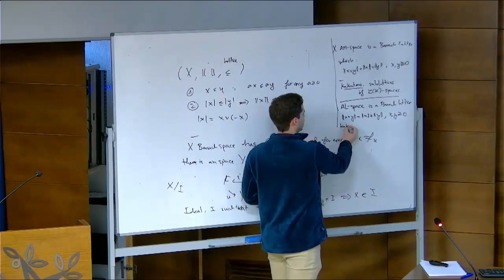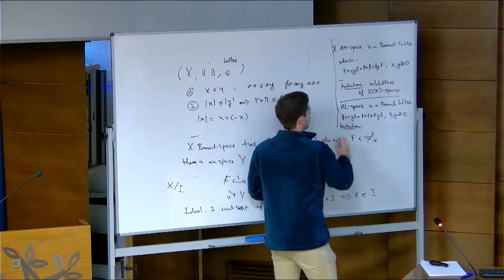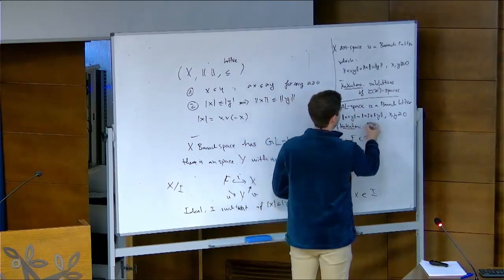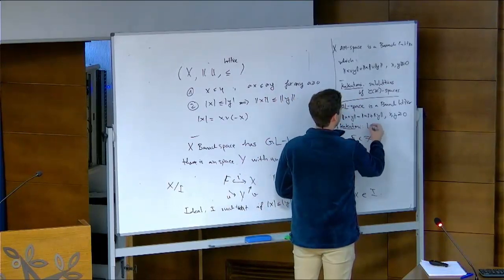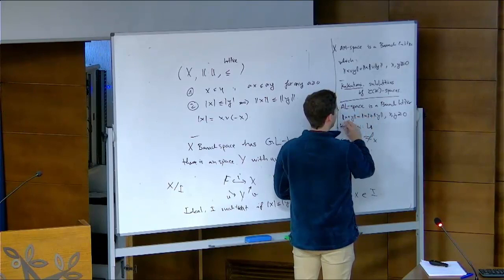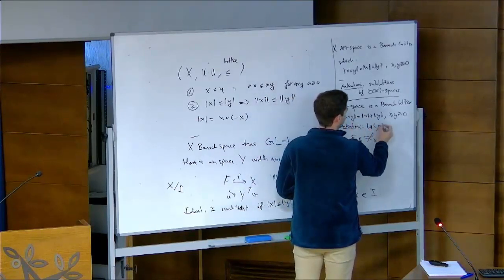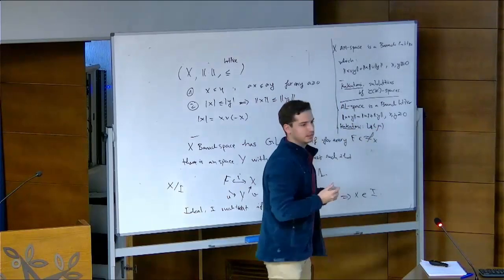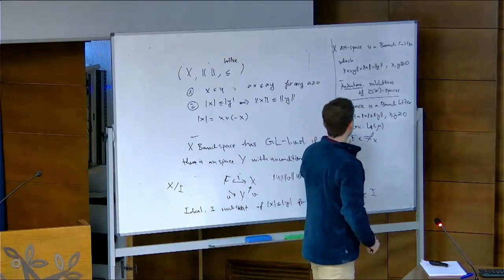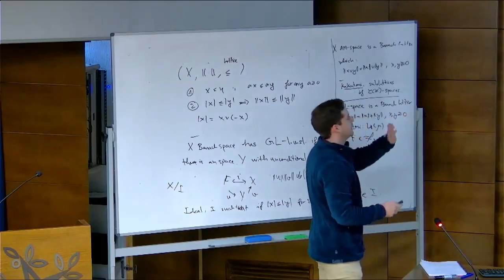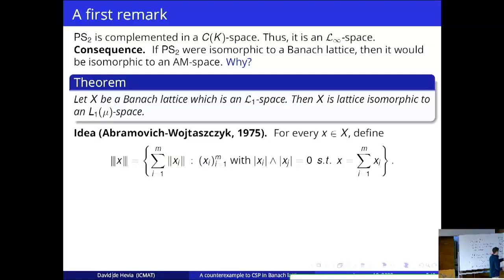And Kakutani, I'm not sure, characterized these Banach lattices: the Banach lattices with this property, the norm is additive, are lattice isometric to L1 spaces. I will only mention the idea.